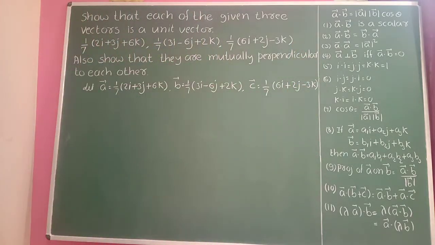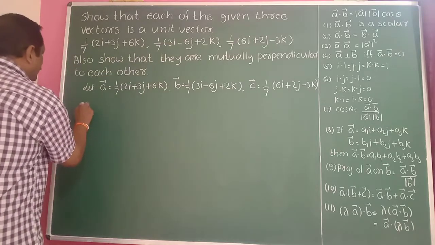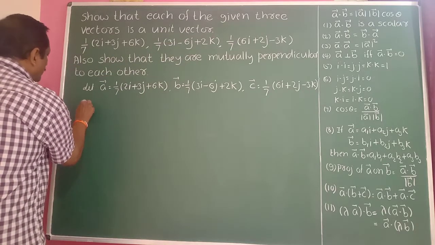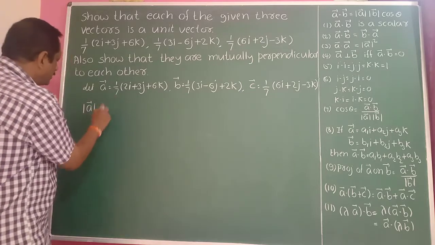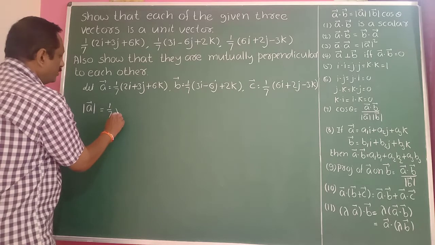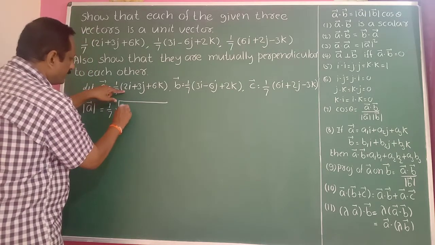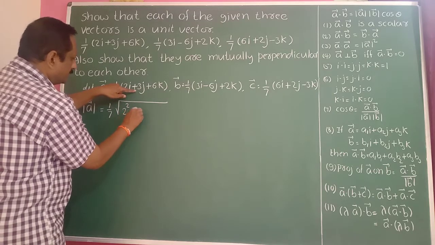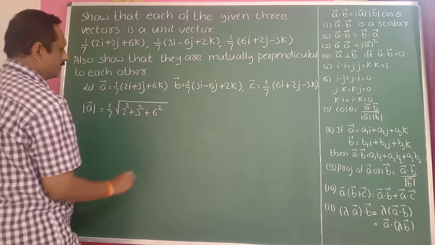Okay. First, prove these three vectors are unit vectors here. So find your modulus here. Modulus of the vector a bar. Here 1 by 7 is a constant, so write outside only. 1 upon 7 into root of 2 square plus 3 square plus 6 square here.